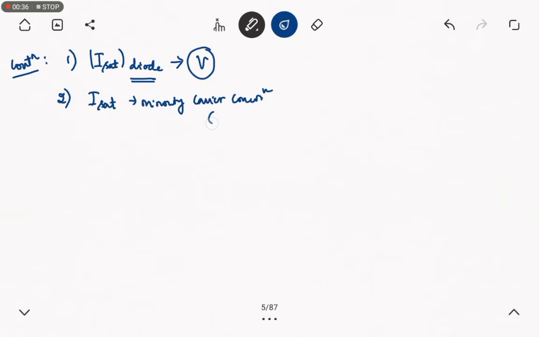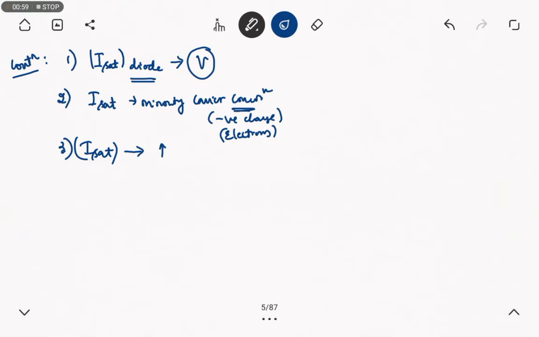Minority concentration here represents the negative charge, that is of electrons. Next, this reverse saturation current increases with an increase in temperature.